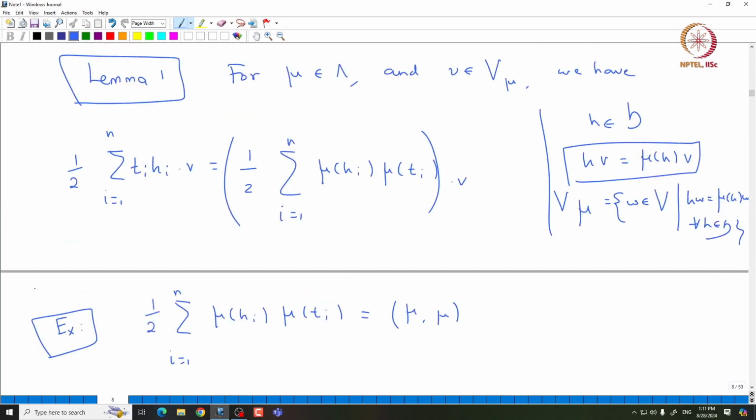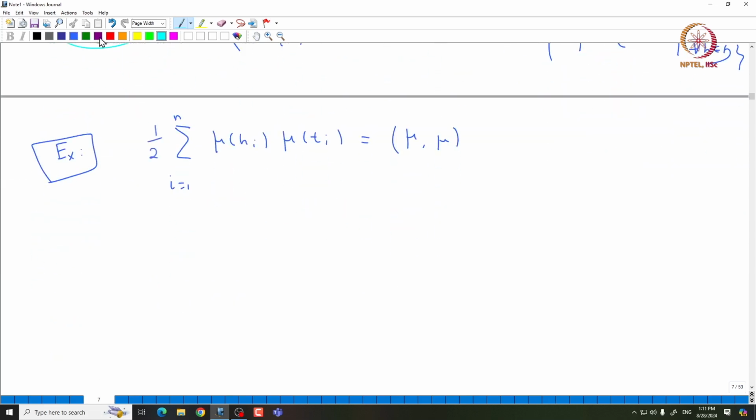So, now this says that the operator summation T_i h_i is going to act as the scalar (mu, mu) on this entire space V mu. In particular, what will be the trace of that?